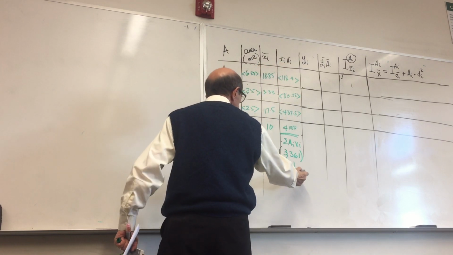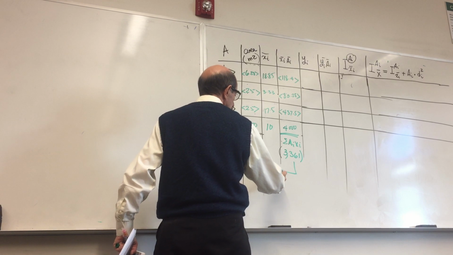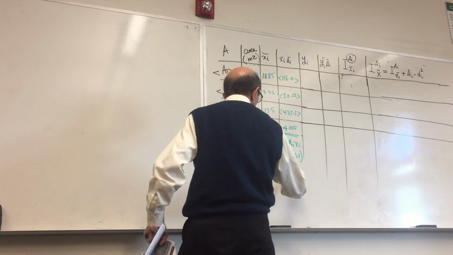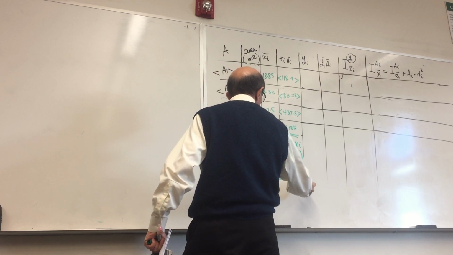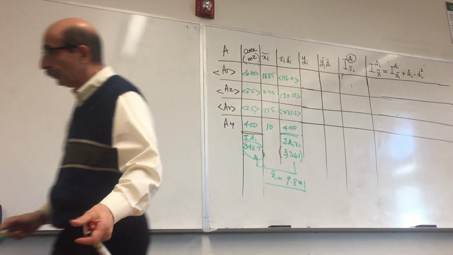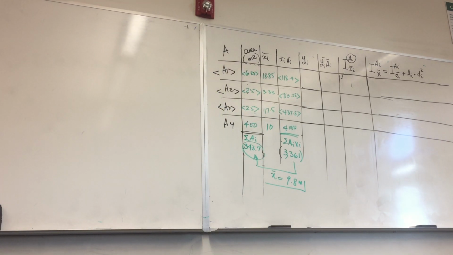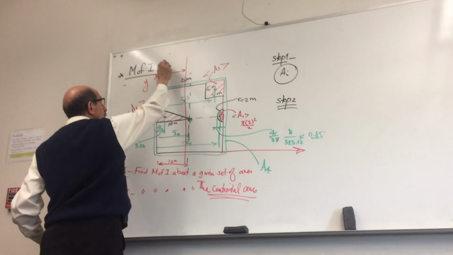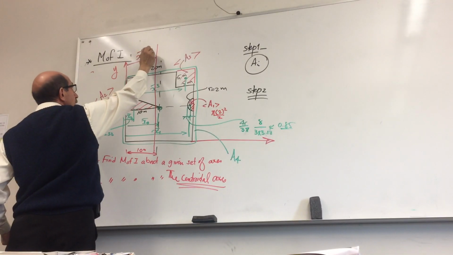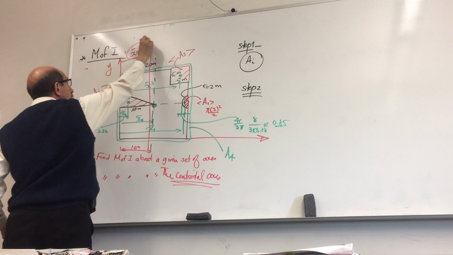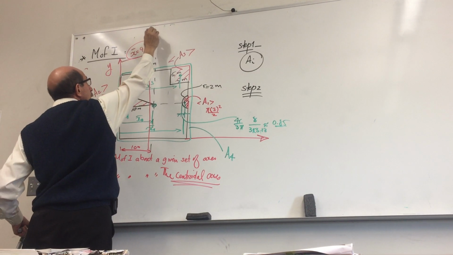So you divide this by that, that will give you the X bar for the shape, which comes up to be 9.8 meters. In other words, the Y centroidal axis would be somewhere here. This distance, X bar, is 9.8 meters. Okay? So this is Y.